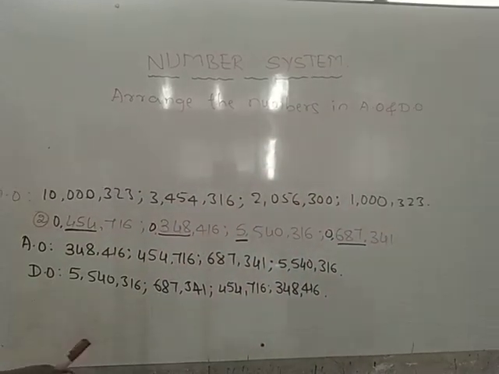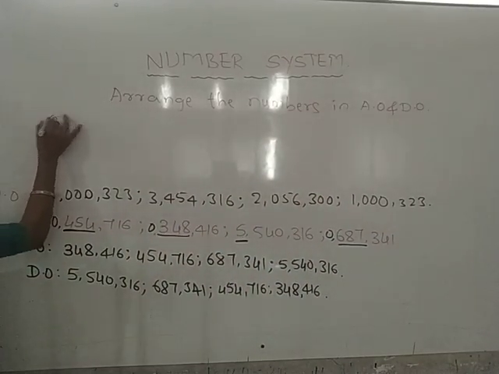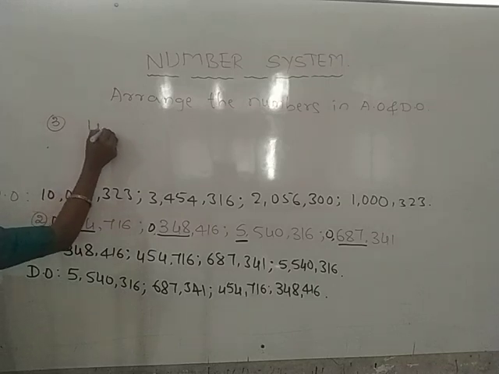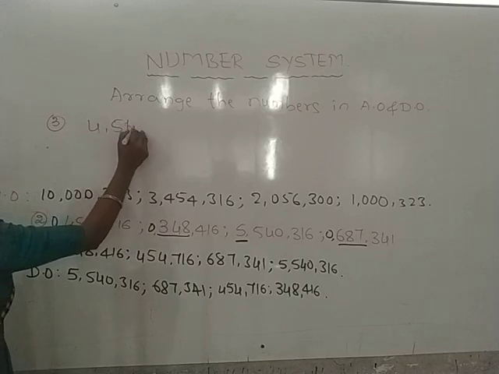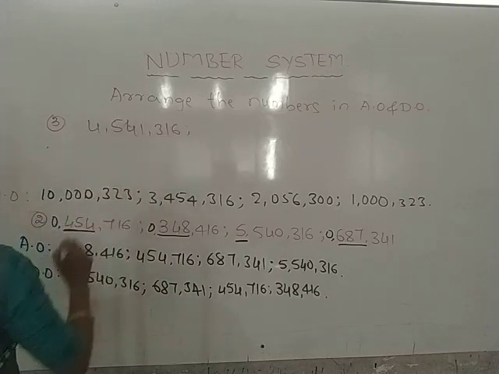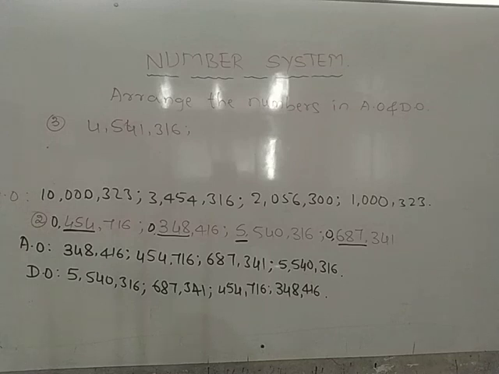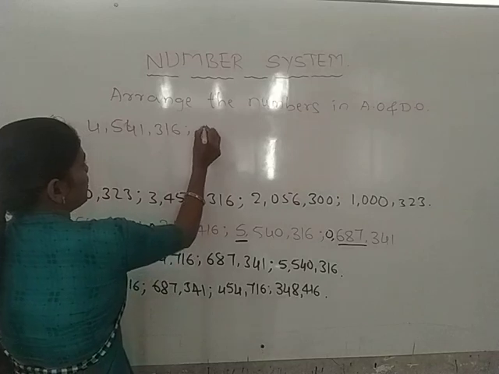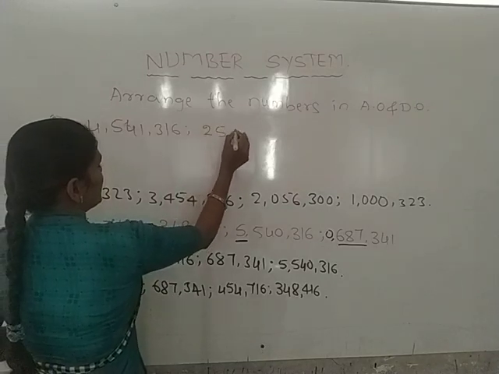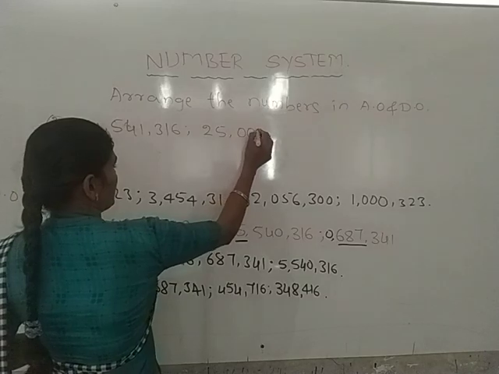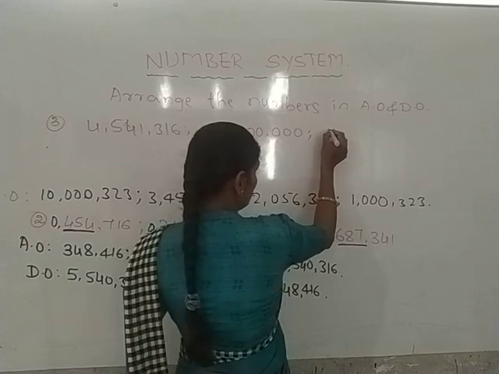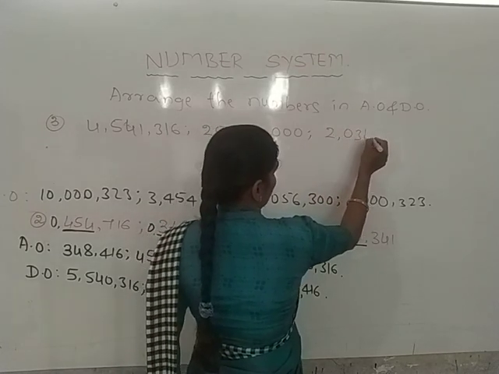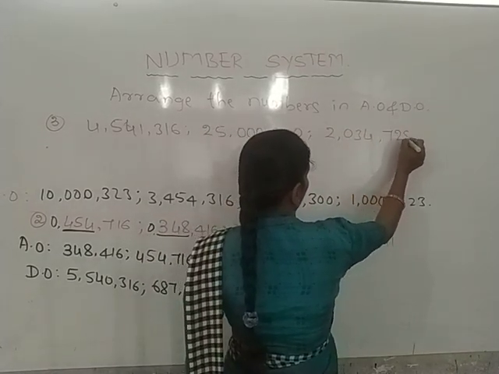Ready? We take here the third one, 4,541,316. Next, 25 million. Next one, 2,34,728.